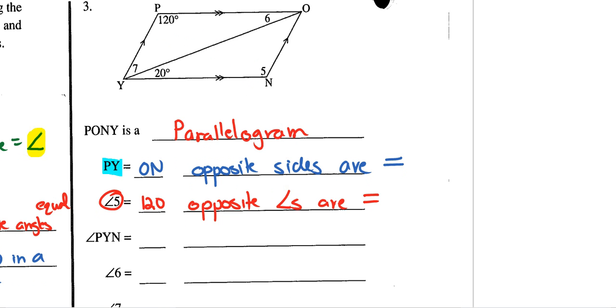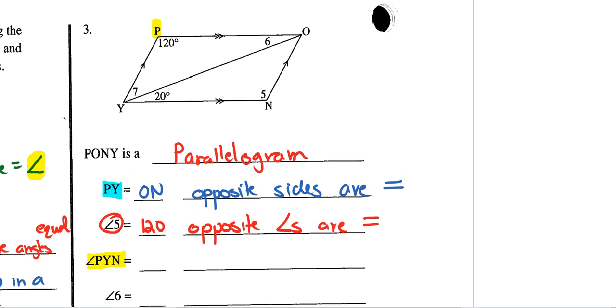And the next question is, what is angle PYN? Well, here's P, here's Y, and here is N. So the question is, what is that whole angle right there equal to? Well, for my previous problem, I know angle number 5 is going to be 120 degrees, right? I know those opposite angles are equal.